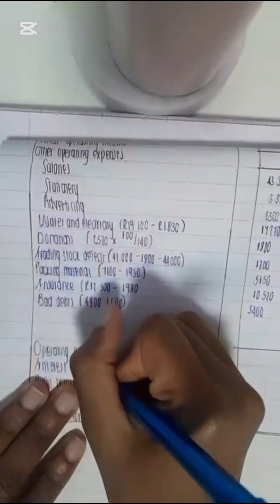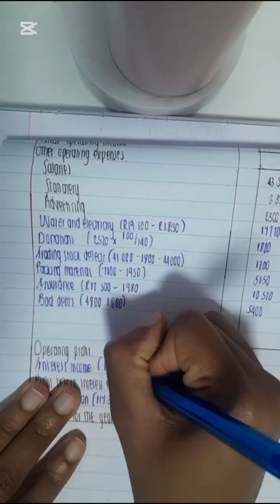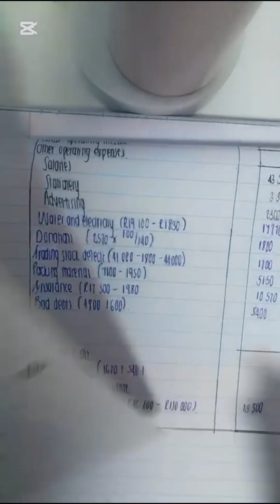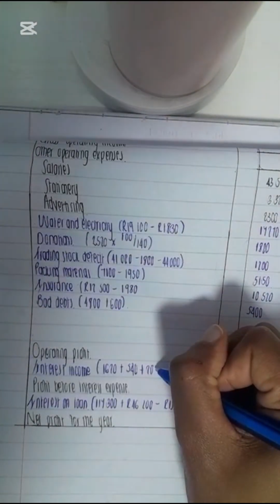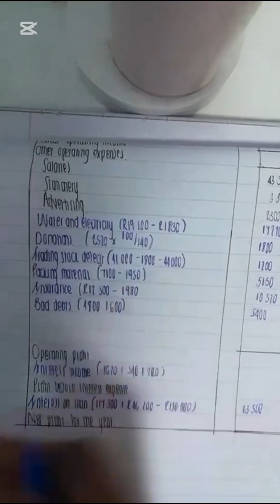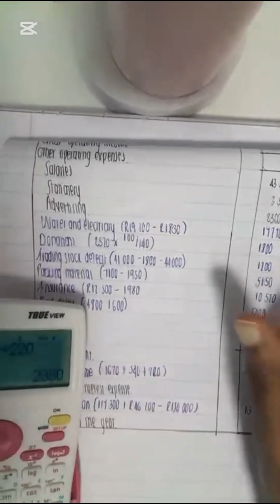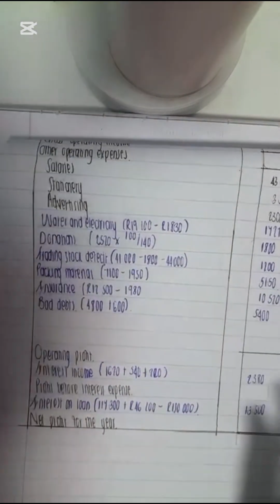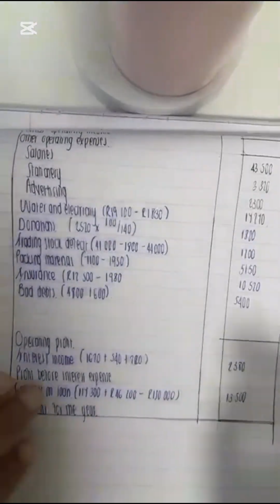So we would have 1,620 plus 540 plus the interest on current account, 220 rand. That would give us a total amount of 2,380 rands for our interest income.